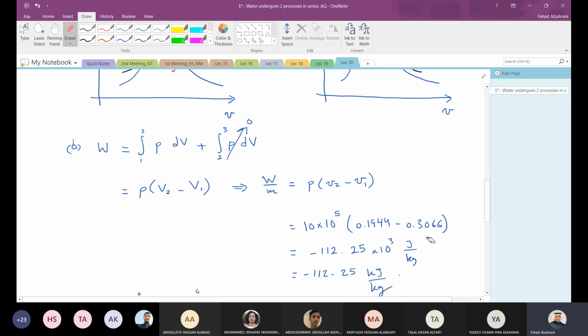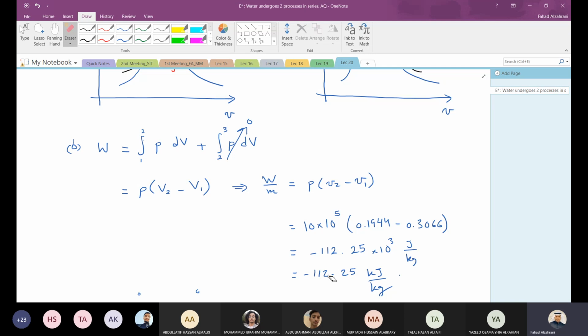Okay, خلاص, you plug in numbers, 10 times 10 to the power 5 to get it to Pascal. You have V2 here, 0.1944 minus 0.3066. You will find the answer equals minus 112.25 times 10 to the 3 joule per kilogram, or we can change it to kilojoule per kilogram.